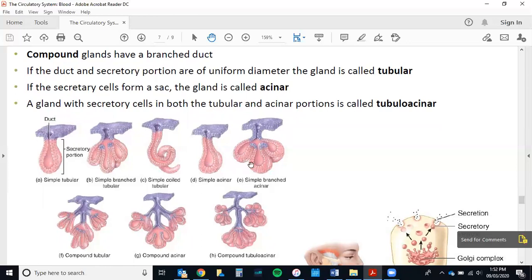If it's a little bit fatter in the secreting portion versus the tube, we call that acinar. It forms a sac, like we see here with this one and this one. Then if it's got both tubular and acinar portions, like what we see down here, we call that tubuloacinar. Now, we can also throw in terms like coiled and branched in the middle, but we won't really get into any of that specific stuff.